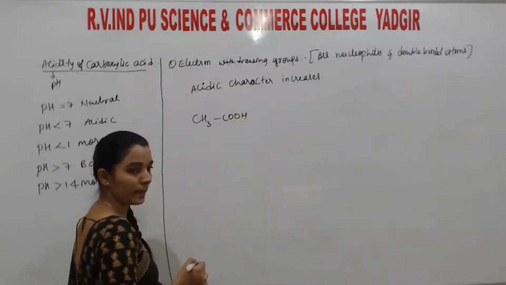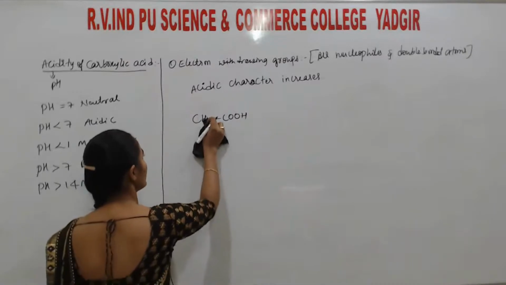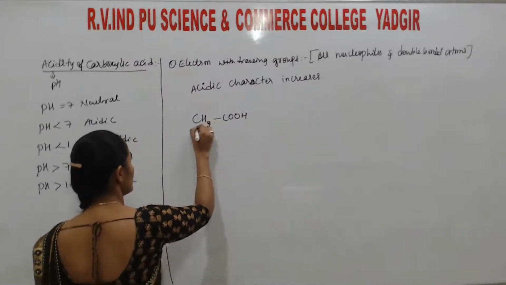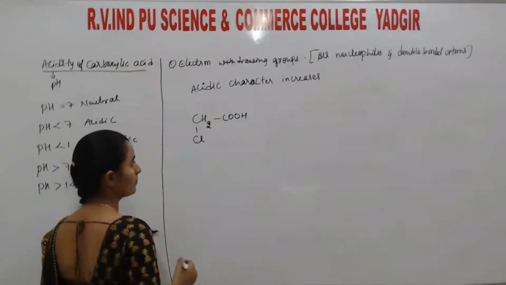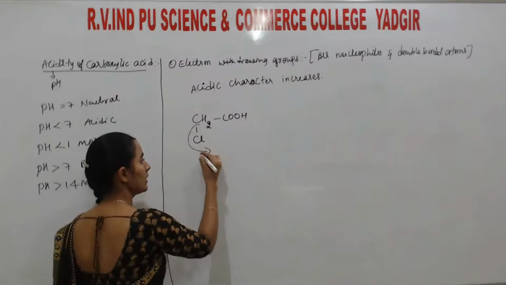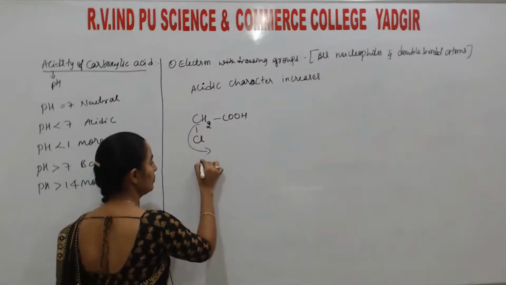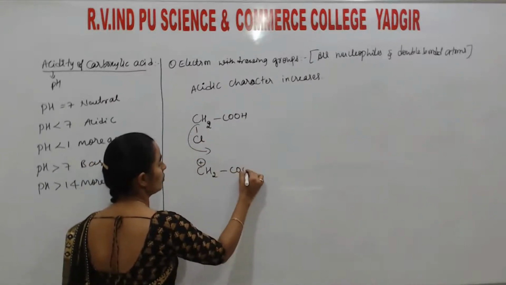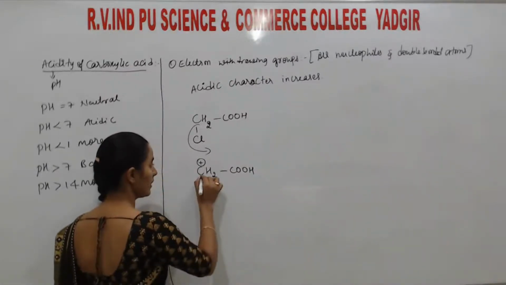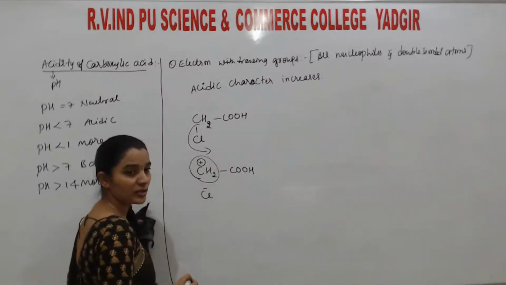Assume instead of CH3, CH2 Cl is there. So if this Cl dissociates as Cl minus, it causes a plus charge here.